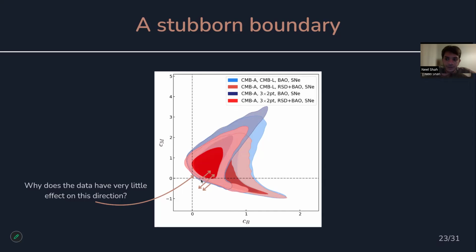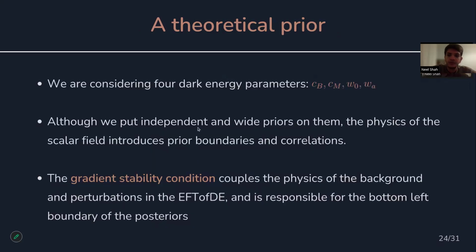This might be a bit surprising. It turns out that this boundary of the posterior does not come from the constraining power of our data. Rather, it comes from the theory itself, which is what we call a theoretical prior.